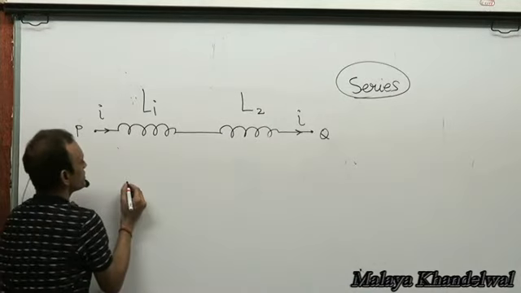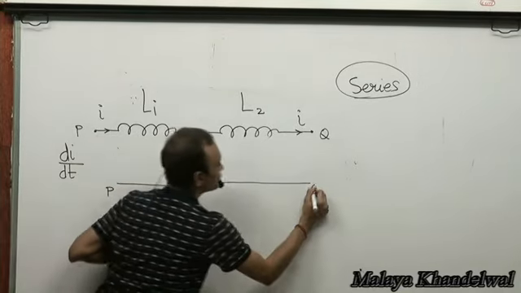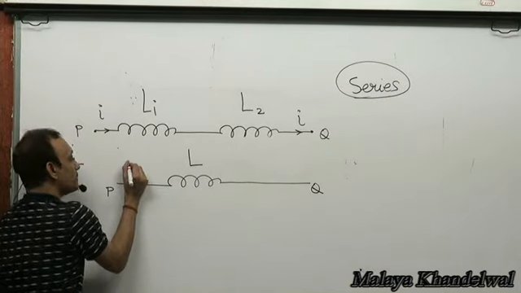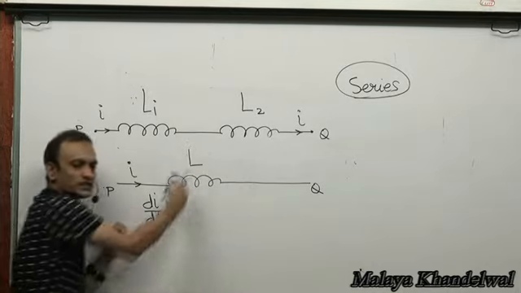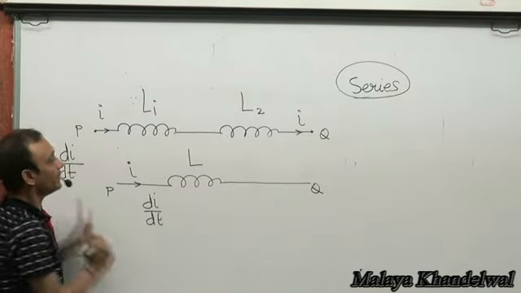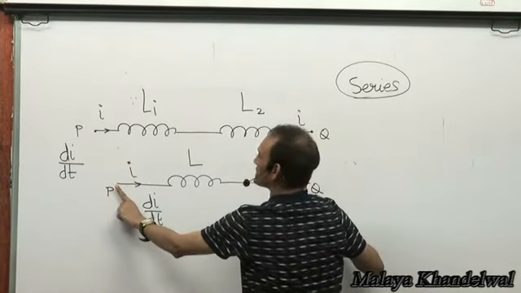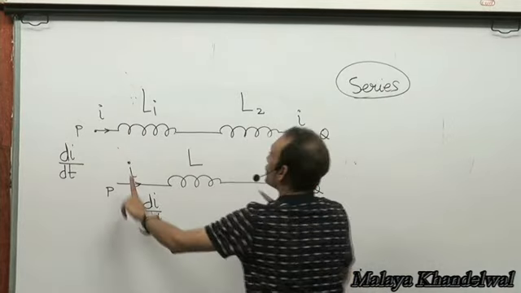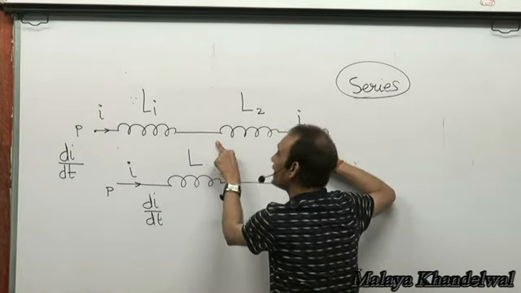Now this entire arrangement between P and Q could be replaced by one single inductor from P to Q, having a value L. For the same current I, the same di/dt must appear, so that these two situations are equivalent. Then the drop from P to Q here must be the same as the drop from P to Q there. What's the drop here? L1 di/dt. Here? L2 di/dt.